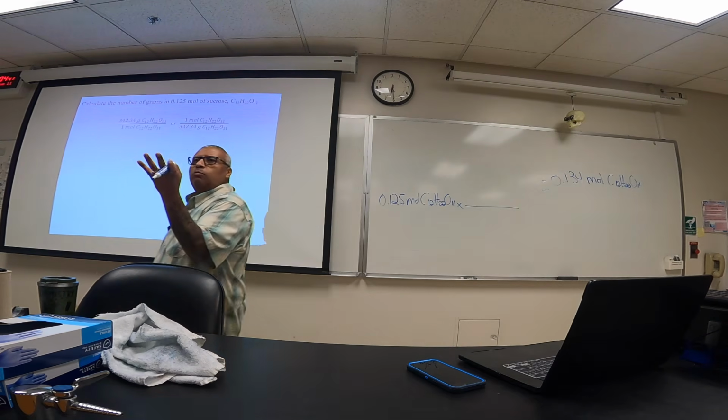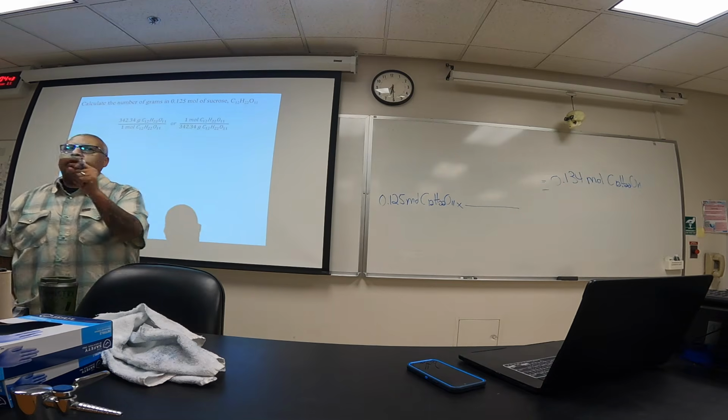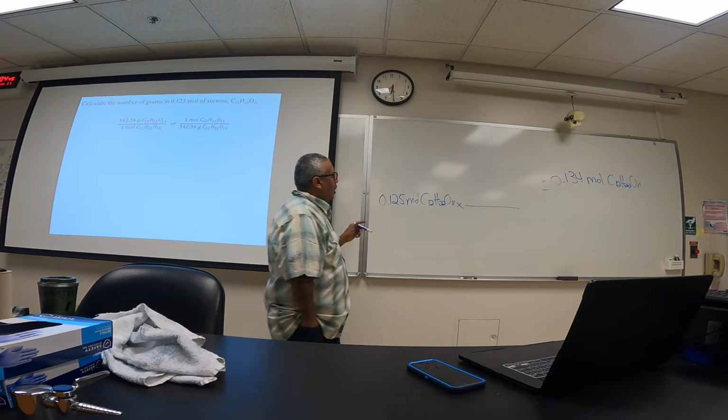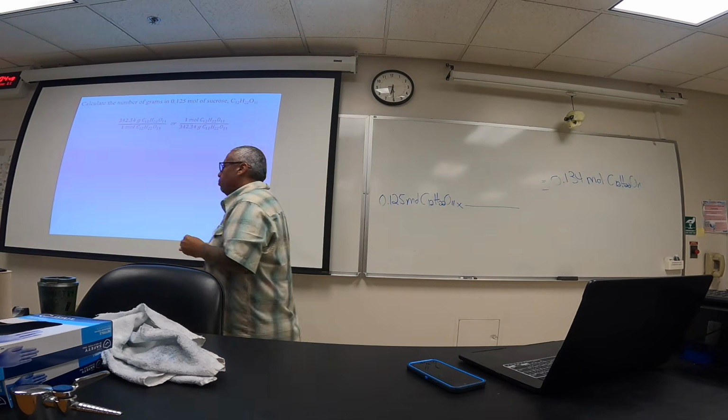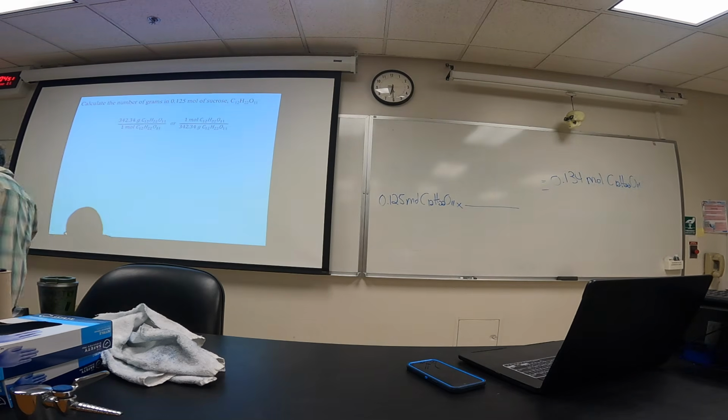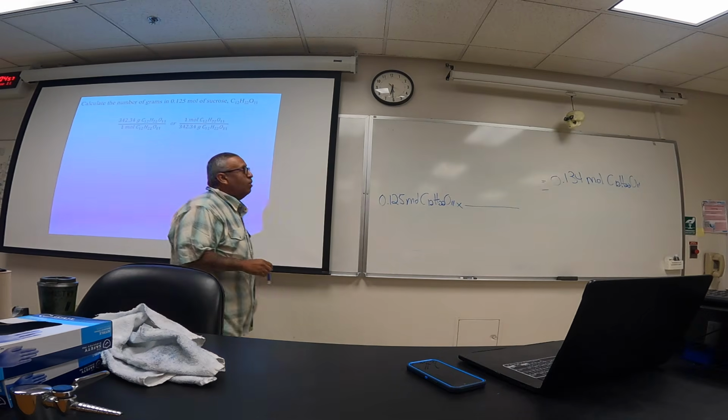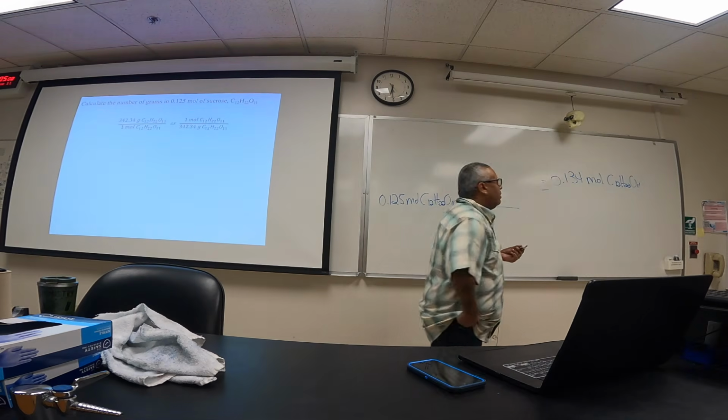But since I know that there's moles and grams here, I know I'm going to need the periodic table. We've already calculated what this value is, and I have it here up on the board. And for this particular problem, which one should we use, the one on the right or the one on the left? The one on the left, because we want to calculate grams.